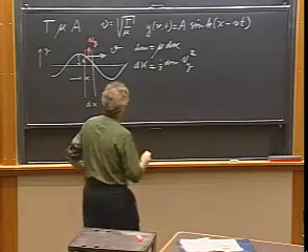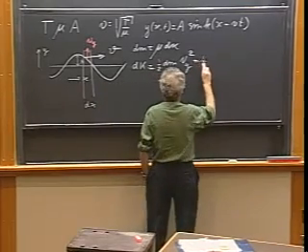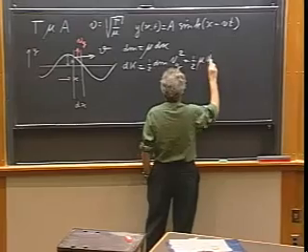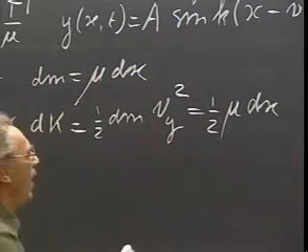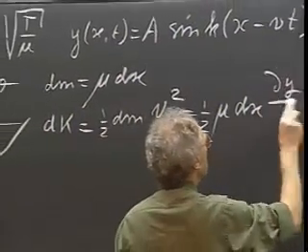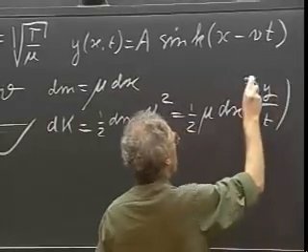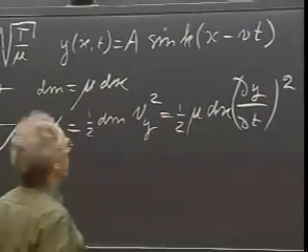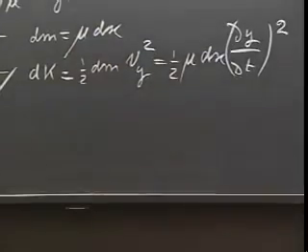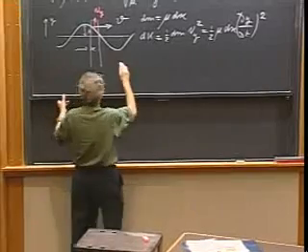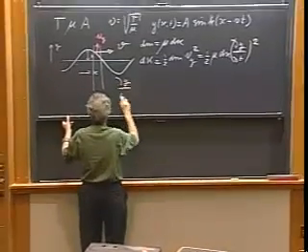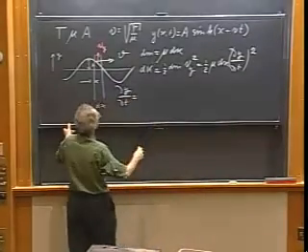So I can write for this 1/2 times mu times dx, and for v_y I can write then dy/dt, squared. And so the question now is, what is dy/dt? Well, that's easy because we have the function there. So dy/dt equals.